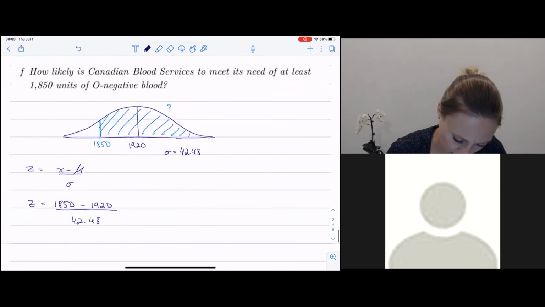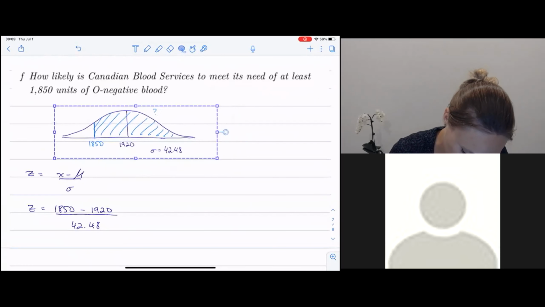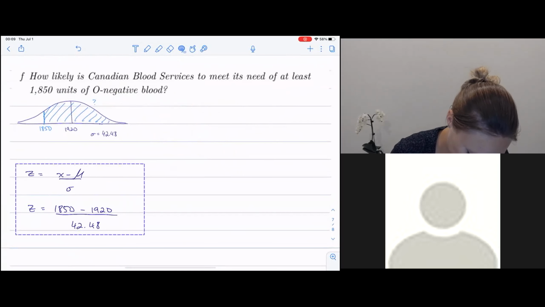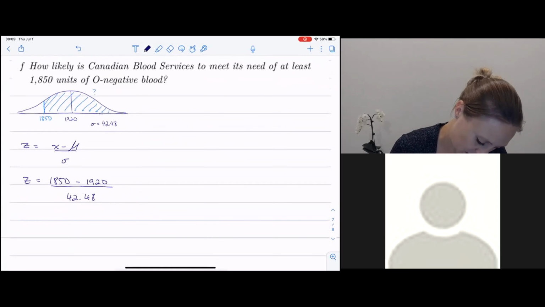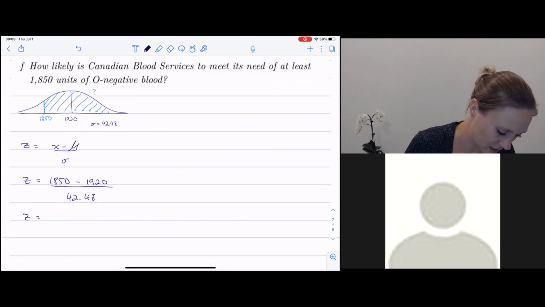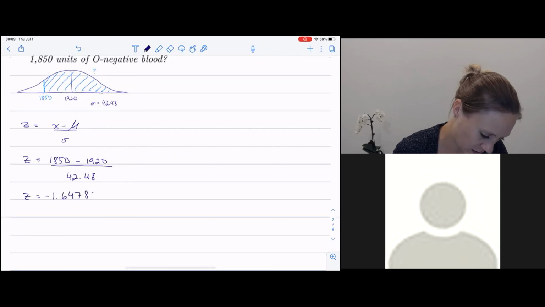And I'm going to try to keep it on one page here, so I'm going to zip this up a little bit. And say Z is 1850 minus 1920 divided by 42.48. So I get a Z of negative 1.647834275.